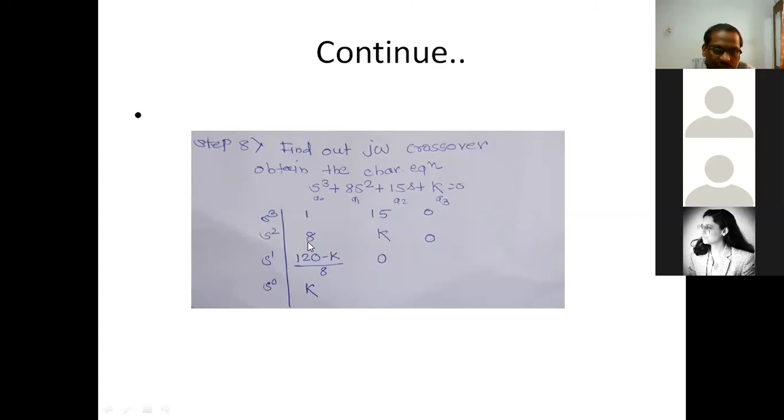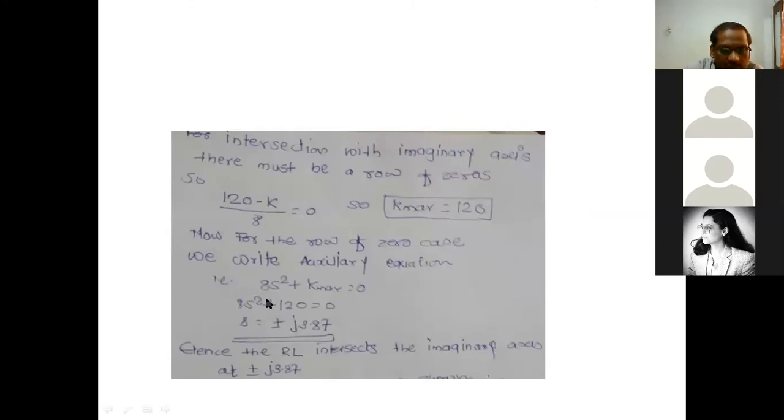So A of s will become 8s square plus k. Now, by putting the k marginal value in this, we will obtain the roots of this auxiliary equation. That will give the points on the imaginary axis where the root locus will intersect the imaginary axis. So 8s square plus 120, and its roots will be s equal to plus minus j 3.87.